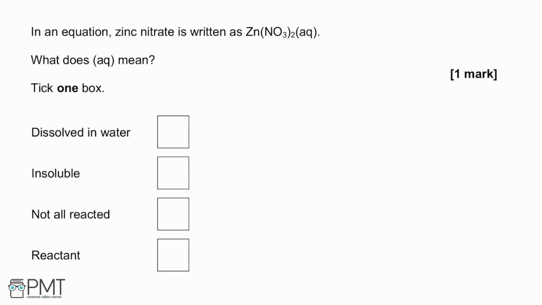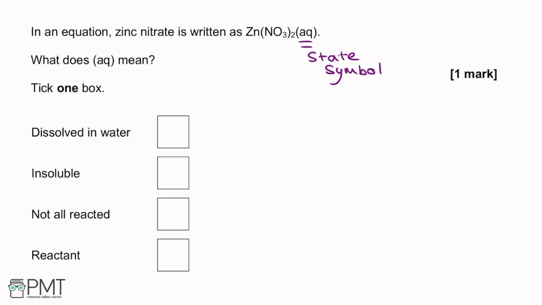In an equation, zinc nitrate is written as Zn(NO3)2 (aq). What does aq mean? Tick 1 box for 1 mark. So aq is an example of a state symbol. Okay, and in chemistry we have 4 state symbols that we use.